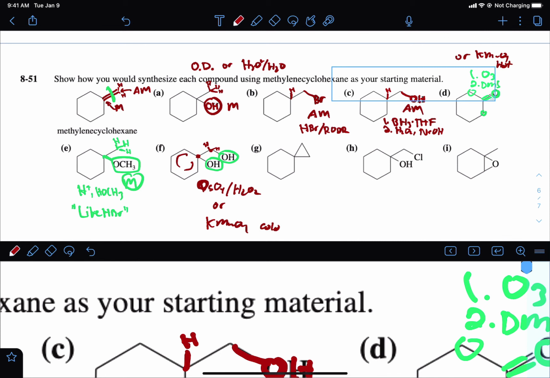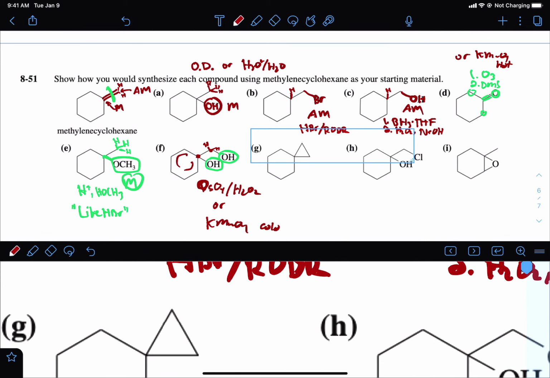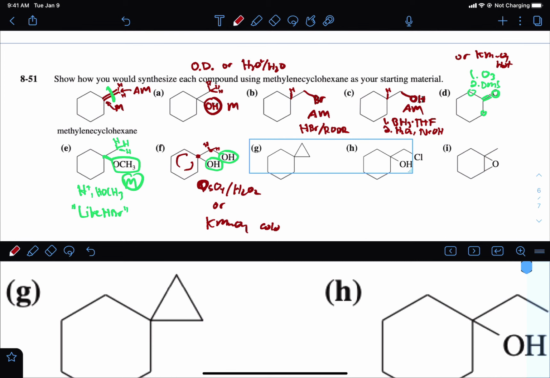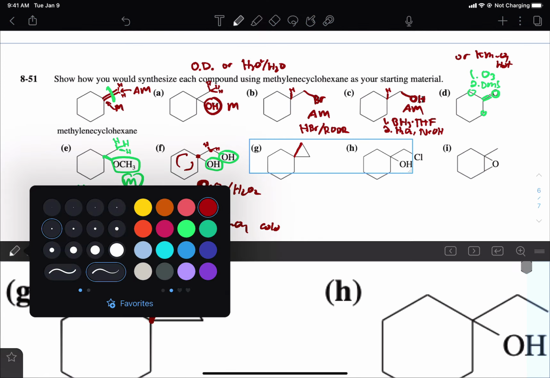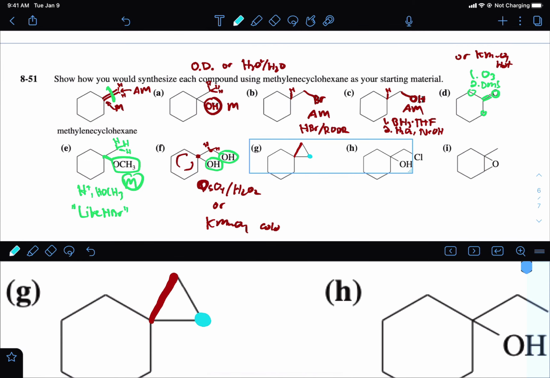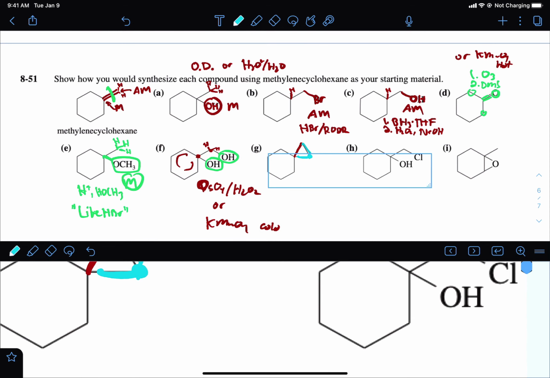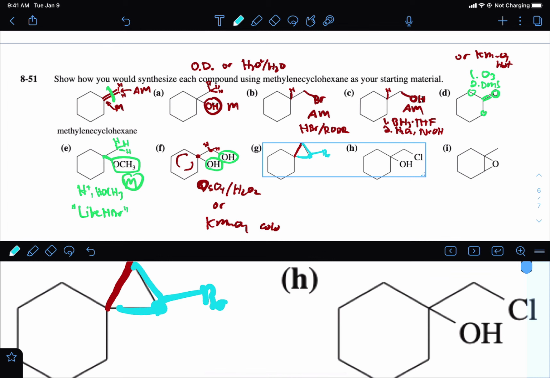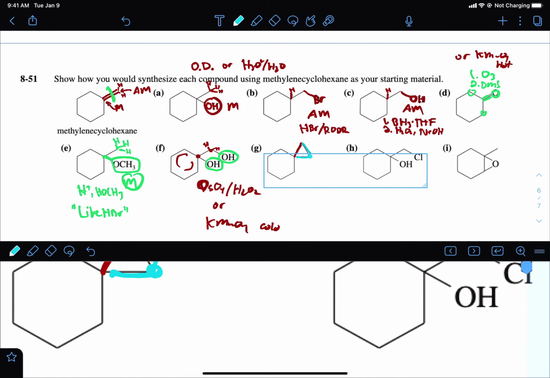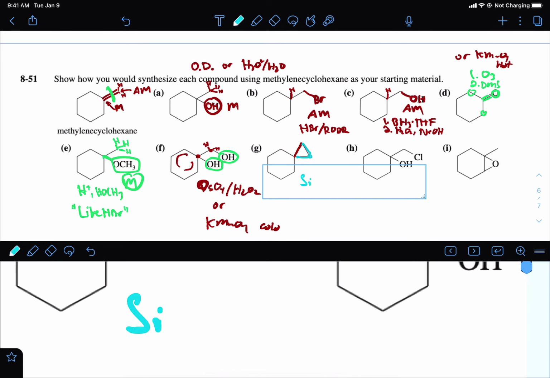Okay, here we're making this three-membered ring. Basically, we're taking the two carbons that we start with and adding this one carbon to it. We have not actually gone over that. We did do one where we put bromines on it like that. I'm going to skip it for now. I'll give you the reference. It's called the Simmons-Smith.